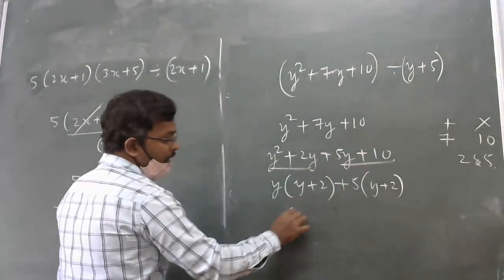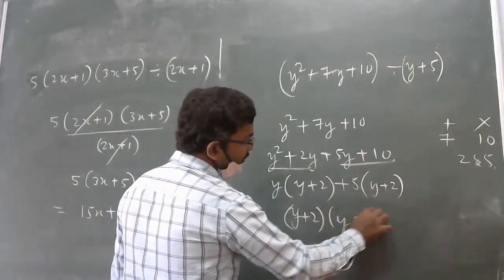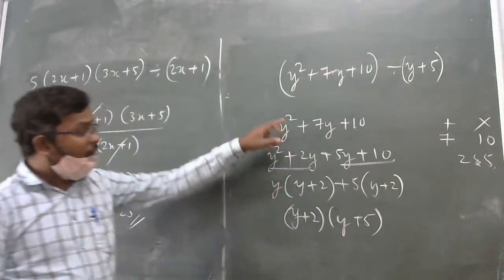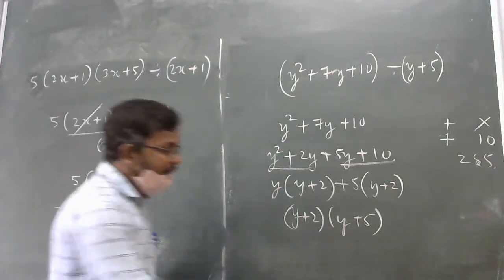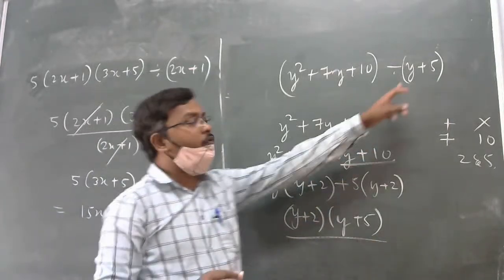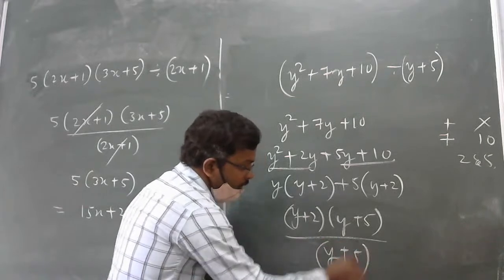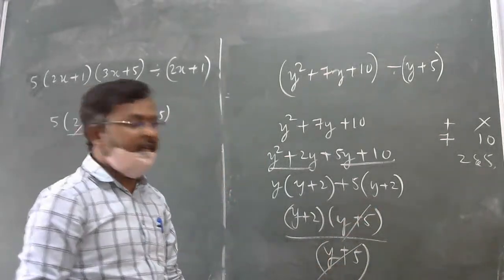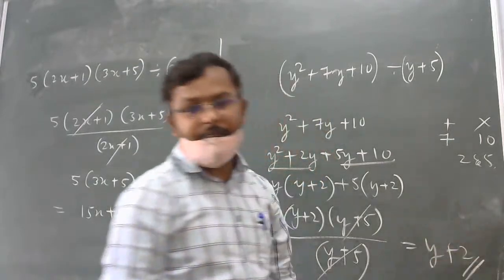So y plus 2 into y plus 5. So on factorizing we got y plus 2 into y plus 5, and that we need to divide by what? We have to divide it by y plus 5. So y plus 5 and y plus 5 will get cancelled. What is the answer? y plus 2. y plus 2 is the answer.